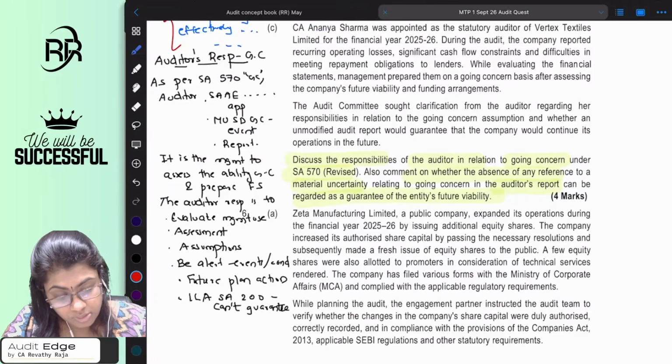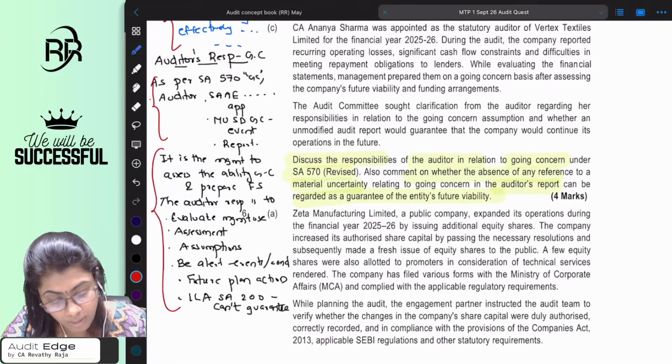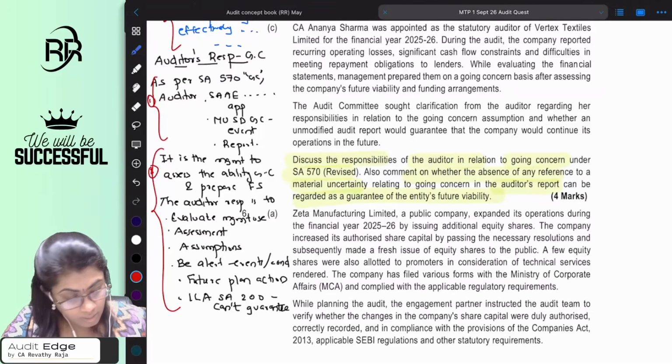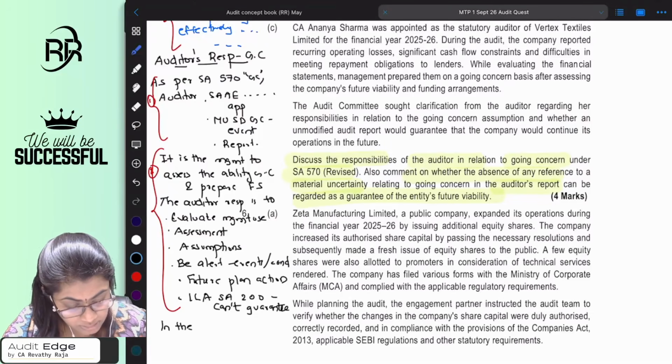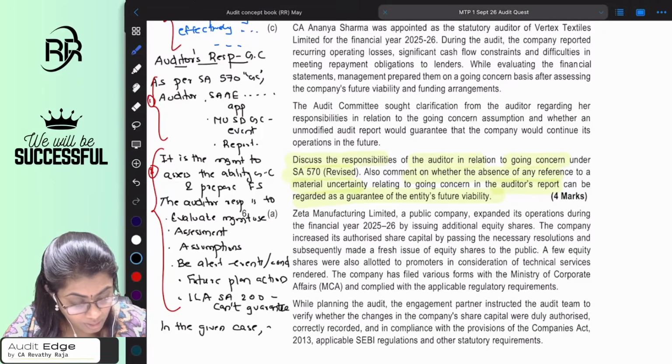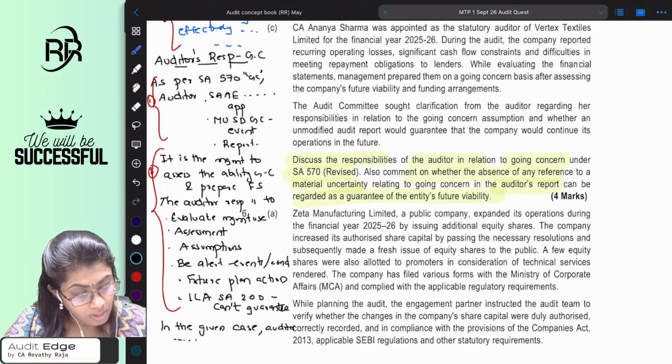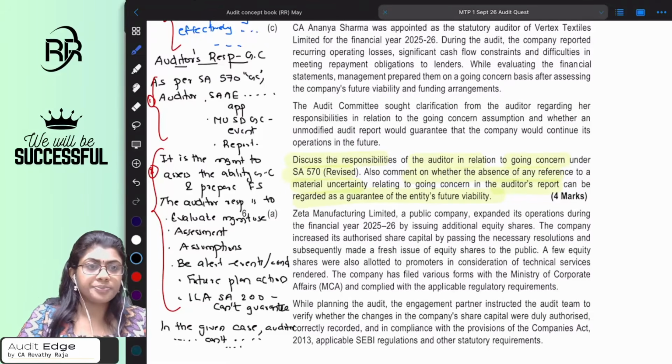Okay. So this will be the first para, this will be the second para. Now, third, in the given case, the auditor Ananya Sharma cannot guarantee regarding the going concern.